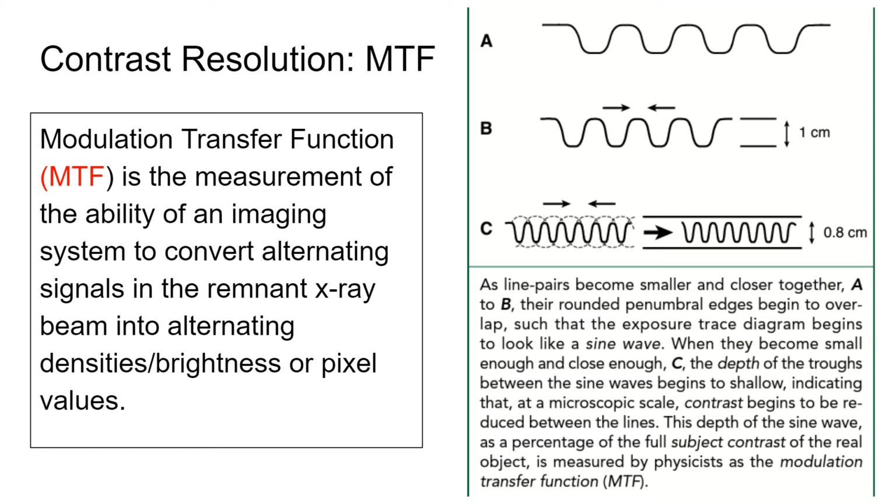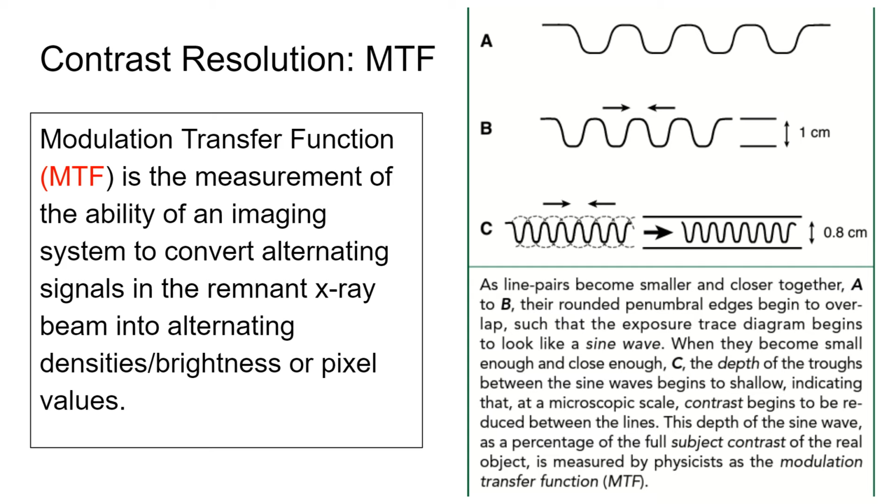Okay, so modulation transfer function is the measurement of the ability of an imaging system to take these alternating signals that we're collecting and essentially turn them into the different brightness levels that are attributed to pixels.